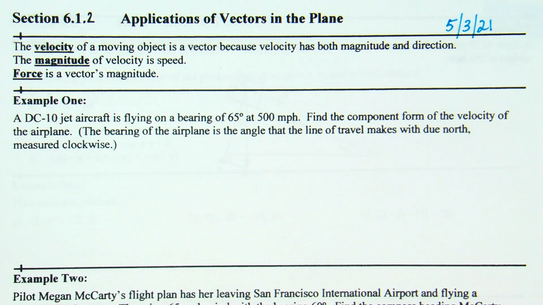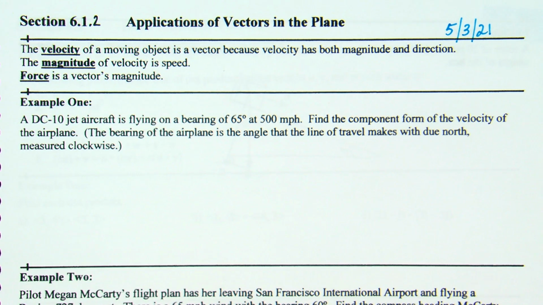So today, we get to talk about velocity. And I know you guys aren't in physics in this section. It's my morning class that has some people in physics. But velocity and vectors are a direct relationship here. So notice the definition up there. The velocity of a moving object is a vector because velocity has both magnitude and direction.